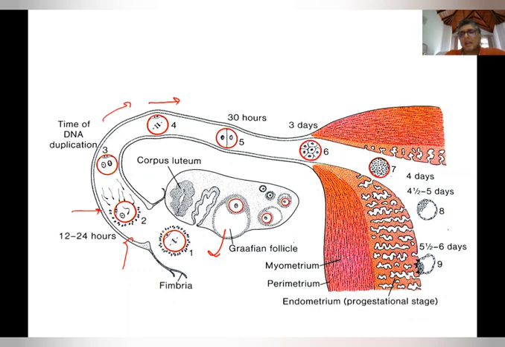By the time this implantation takes place, around 1 week has passed. This 1 week is the age of the embryo now, because after fertilization it's about 1 week. So around 1 week's time, it gets implanted, as you can see here.